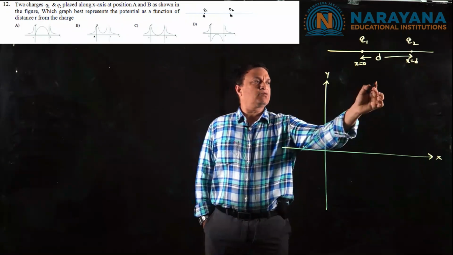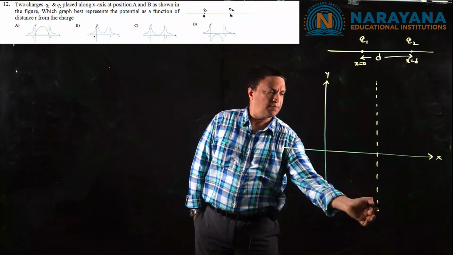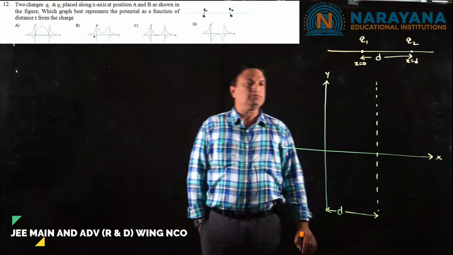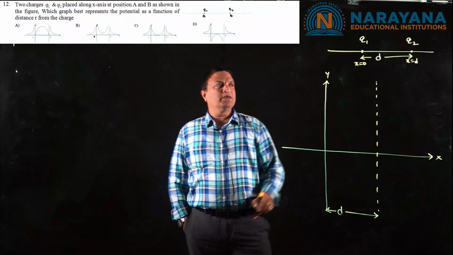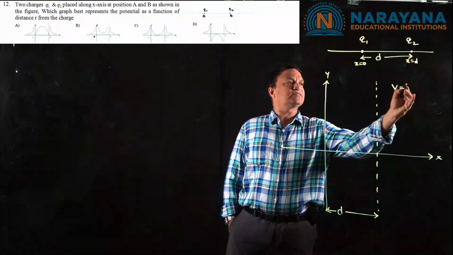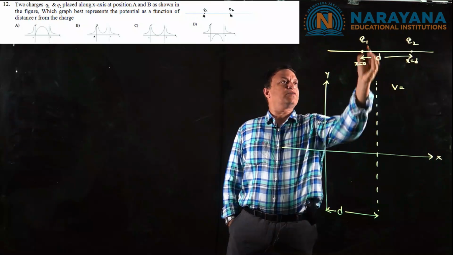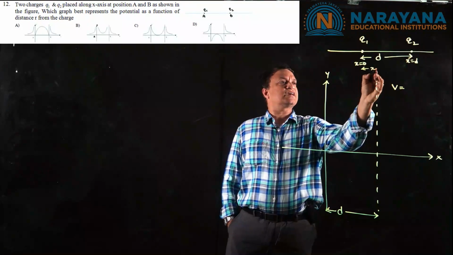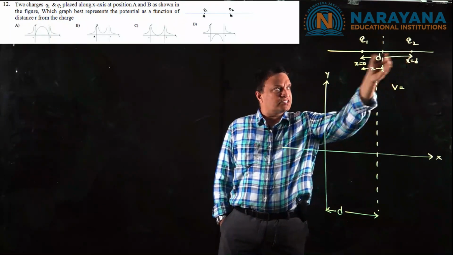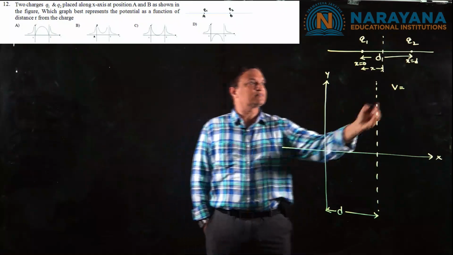And please allow me to draw a line parallel to the y-axis which is at a distance d. What will be the behavior of this? Don't forget, the potential at a point, for example at a distance x like this, obviously the distance from the other charge will be d minus x.